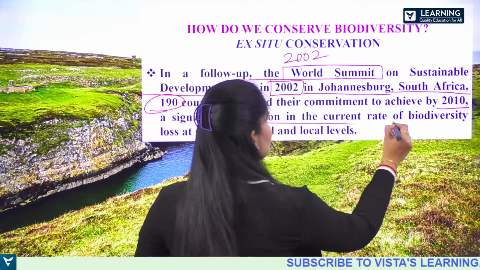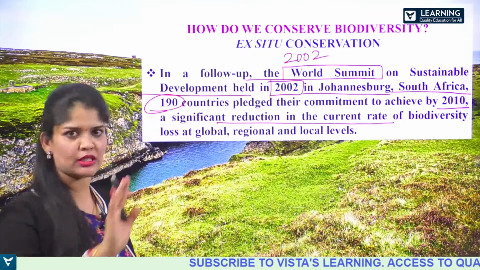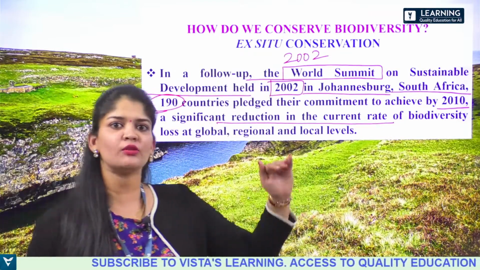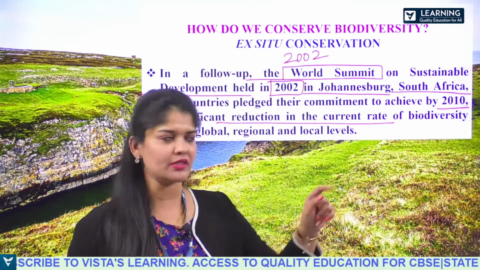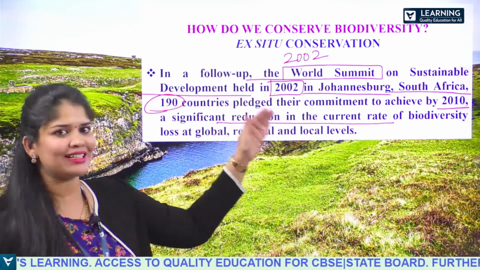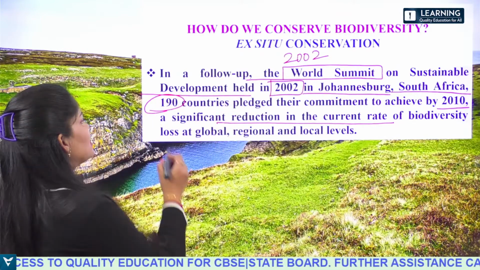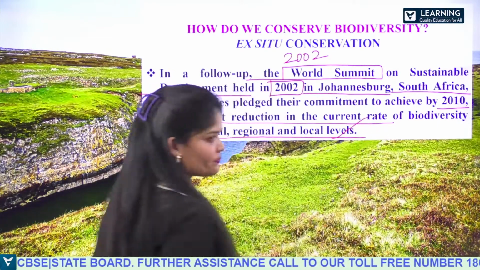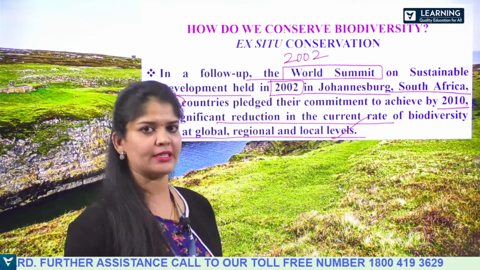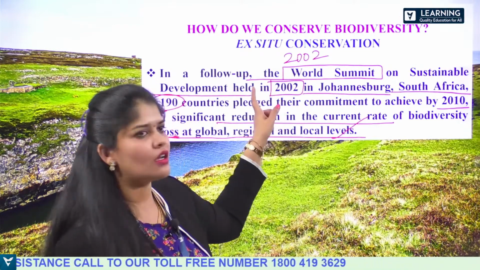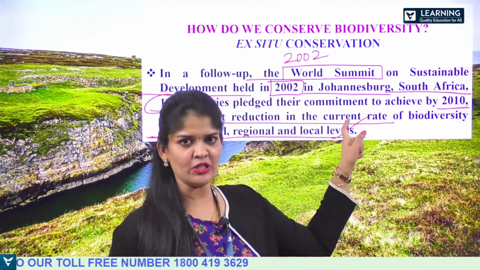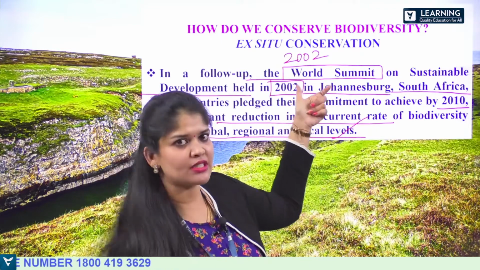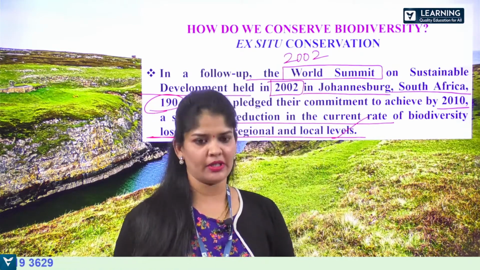We can reduce the rate. We can't conserve completely, it is impossible. We can reduce the speed at which the loss is happening to the biodiversity, the current rate of biodiversity loss happening globally, regionally, and locally, at all levels. So these meetings and the places where they happened are important to remember, right?